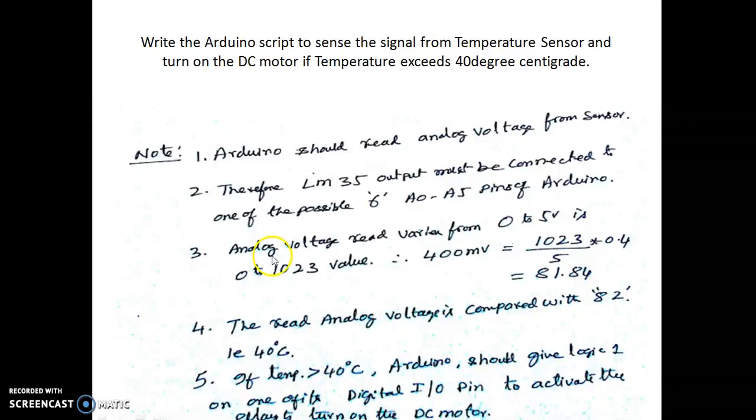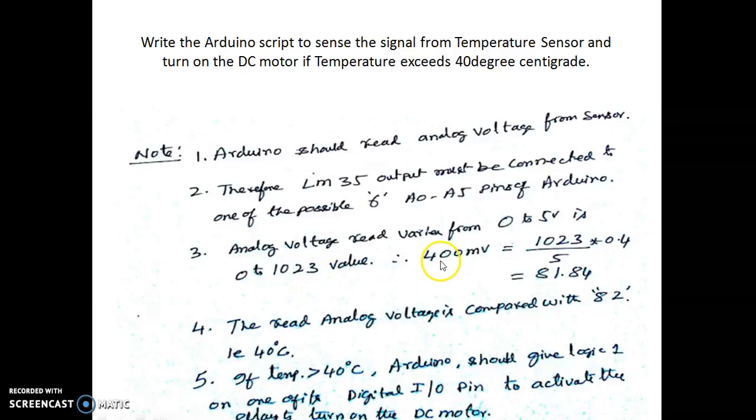The third point is that the analog voltage from your external source varies from 0 to 5 volt. Whenever the Arduino reads any voltage, it will be displayed as 0 to 1023 values. 0 corresponds to 0 volt, 1023 corresponds to 5 volts.